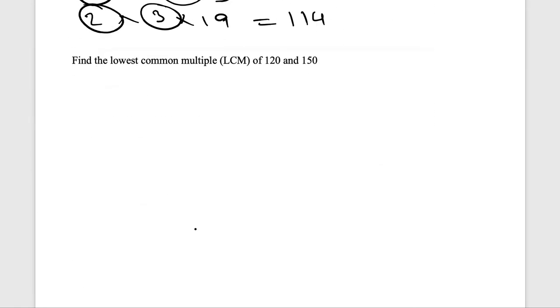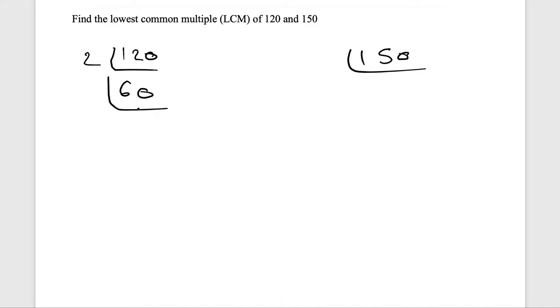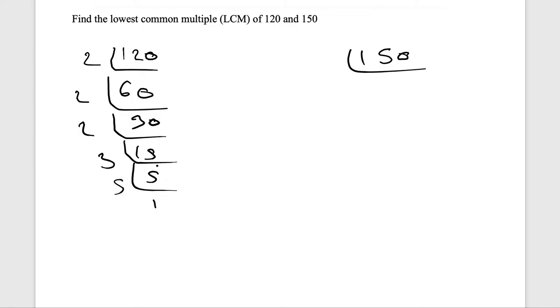Okay, next question. It asks us to find the lowest common multiple of 120 and 150. So let's go through the same process. Let's find the prime factors of 120 and 150 first. So 120, 2, 60, 2, 30, 2, 15, 3, 5, 5, 1.